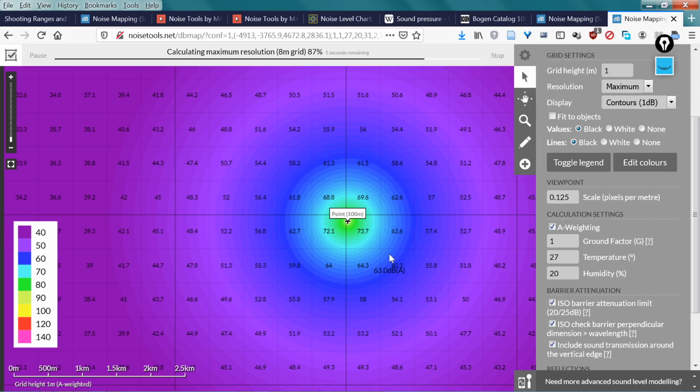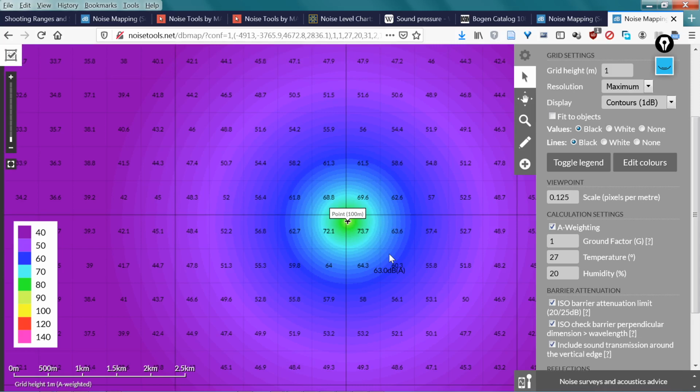An elevated shooter on grass makes the sound louder because less of the sound has to come across the grass. Whereas when you're at ground level, most of the sound has to go across the grass to get to you. But from an elevated shooting position, more of the sound gets to you. Now on a hard reflective ground, it's just the opposite, because you're dealing strictly with no absorption by the ground, but the absorption because of geometric spreading.